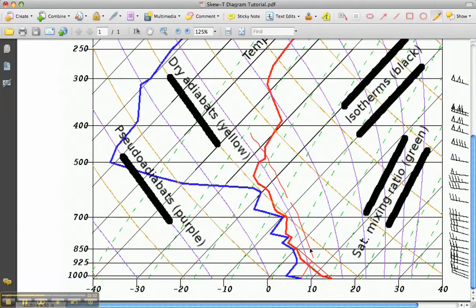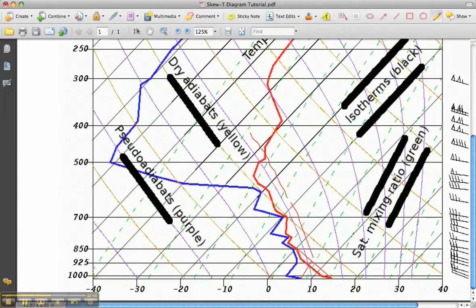However, at 850, the temperature of the air parcel is about 5 degrees. So at that level, the air parcel's temperature is warmer, actually right here, than the surrounding air by about 5 degrees.